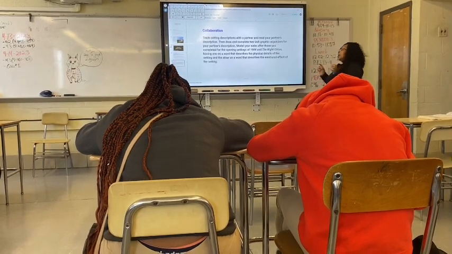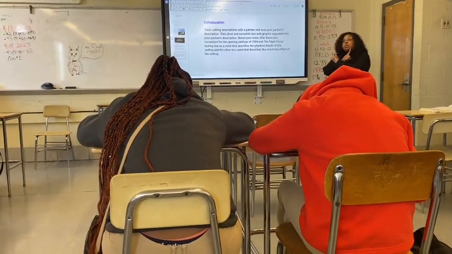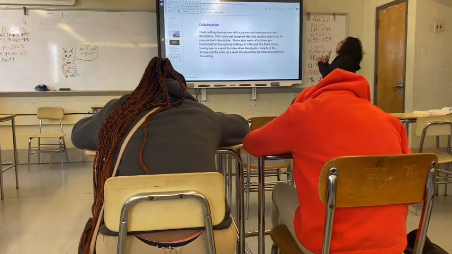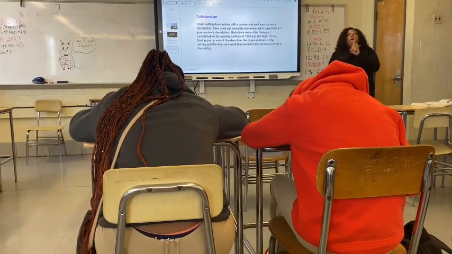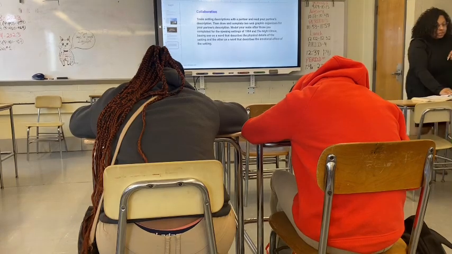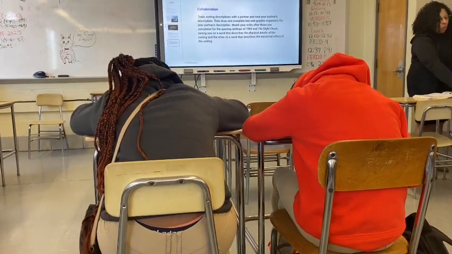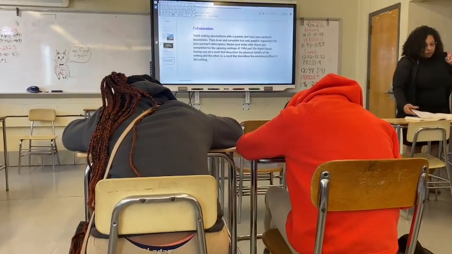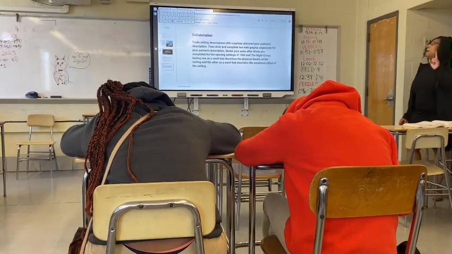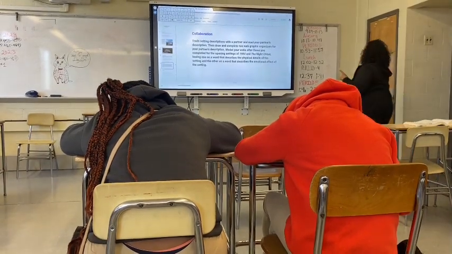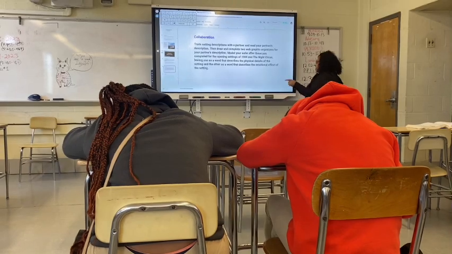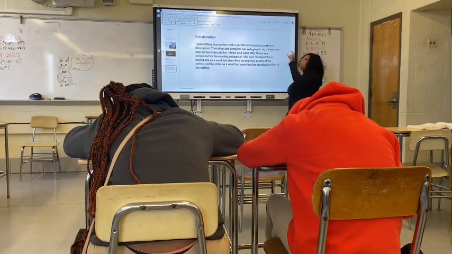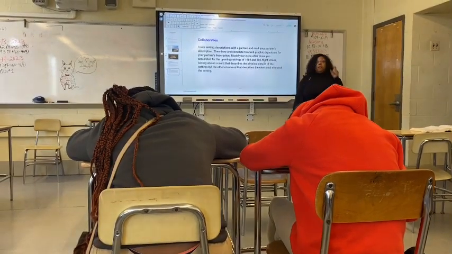So again, you are going to trade books with your seat partner, and you are going to create the web from page 469 using one word that describes the scene and providing examples from your partner's description that help to explain why that word fits the picture.